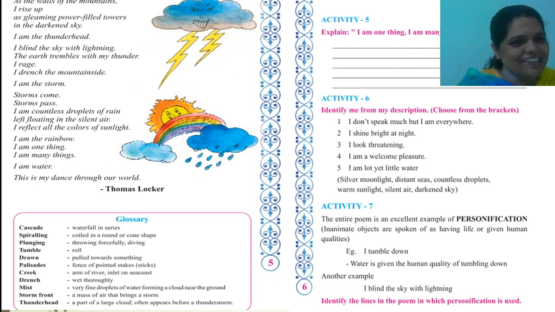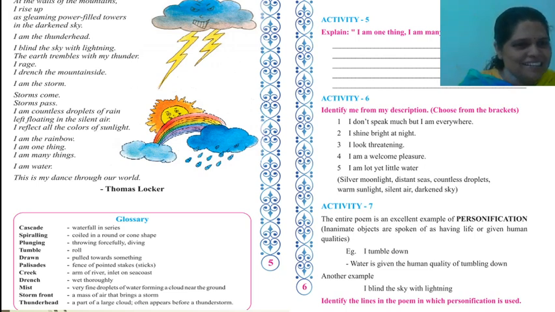Yes, silent air. I shine bright at night. मैं रात को बहुत चमकता हूँ. Who am I? I am the silver moonlight. I look threatening. मैं बहुत threatening हूँ. कौन हूँ मैं? Darkened sky.